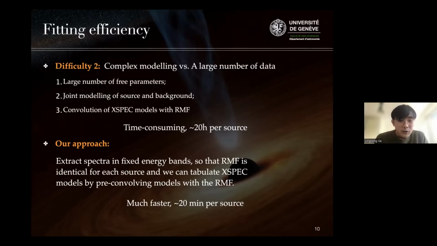But of course, the drawback of this method is that it forces all the spectra to have the same energy resolution, because of which we would lose some information for bright sources. So we also did some tests to show that for bright sources, we do not lose much information.